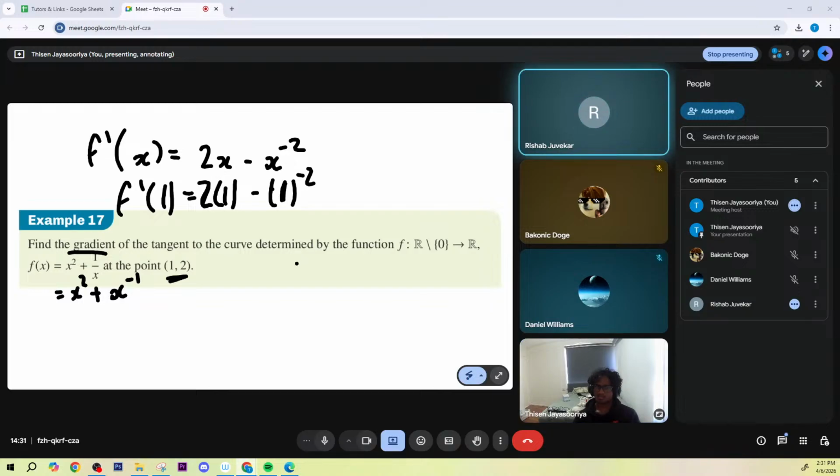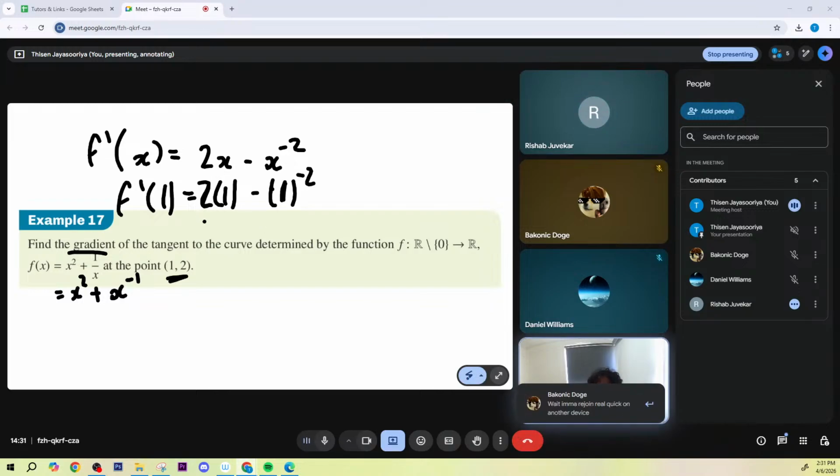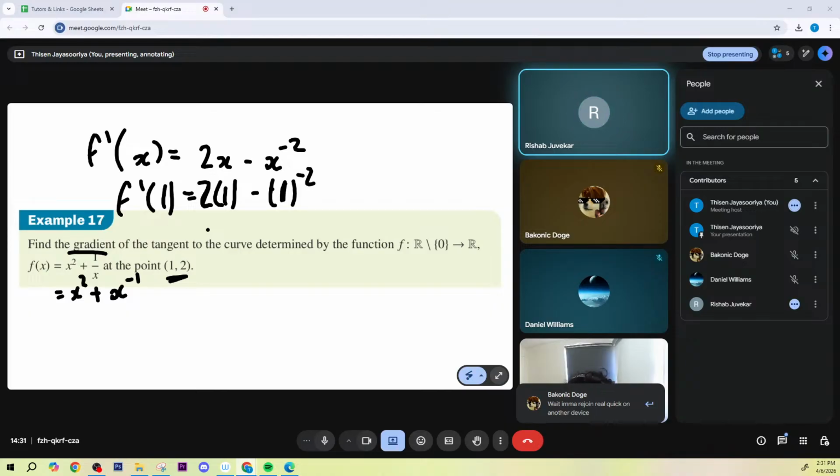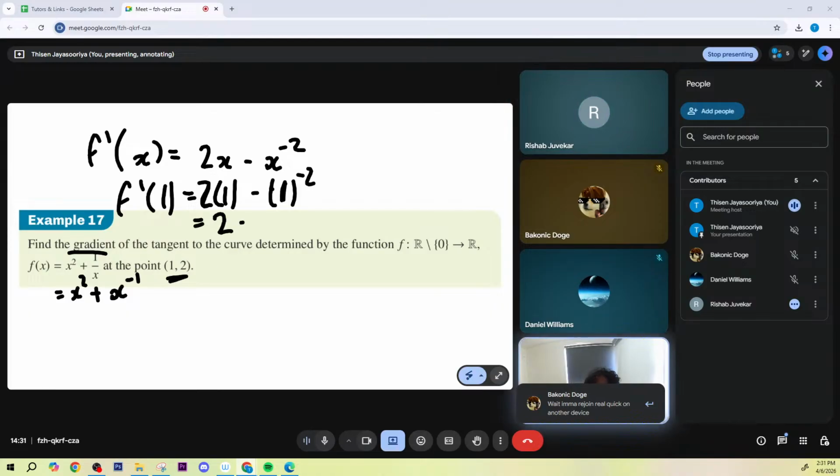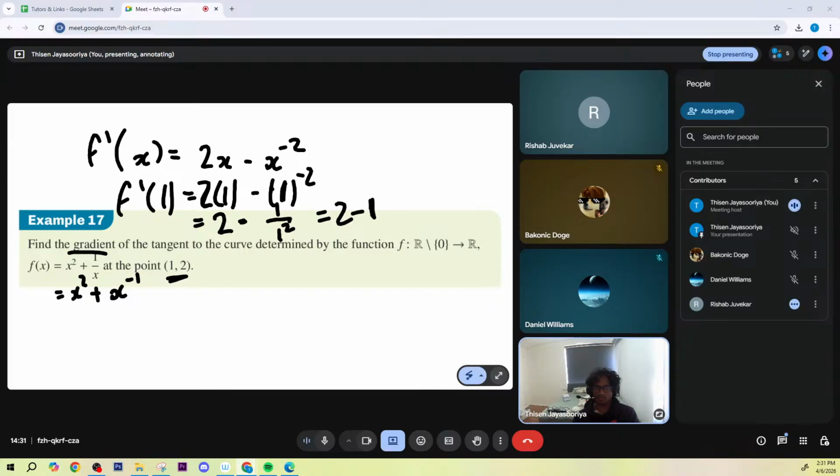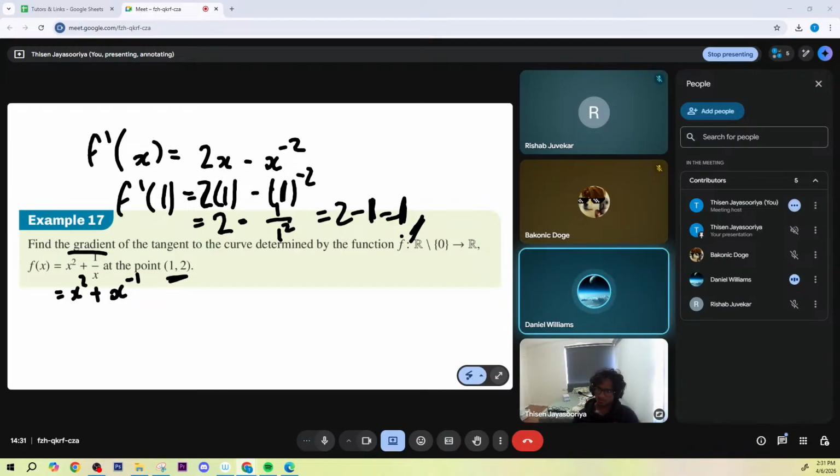Is it just 2? No? Oh, is it just 1? So here, it's 2 take away 1 over 1 squared, which is just 2 take away 1, which is just 1. Does that make sense for you, Daniel? Yeah. What about you, Joe?